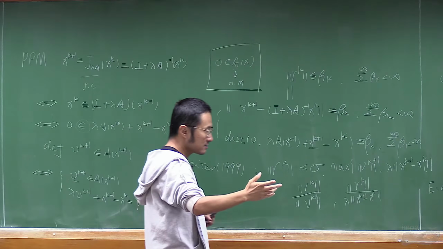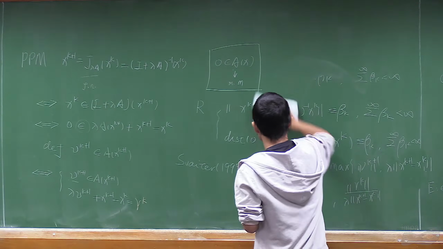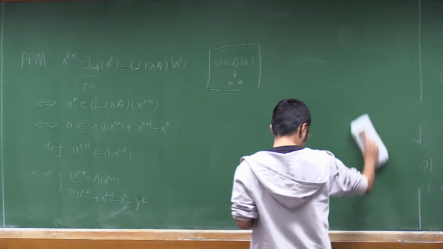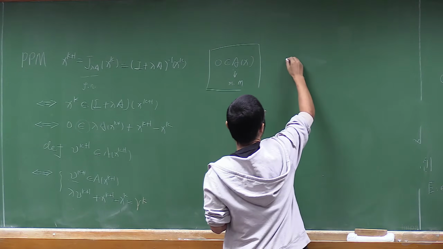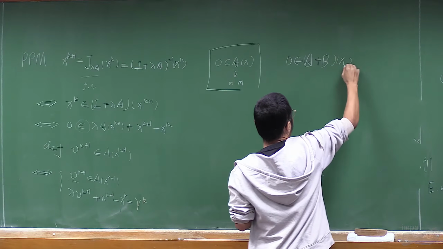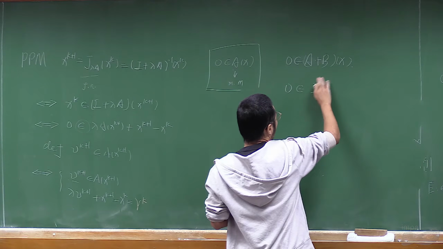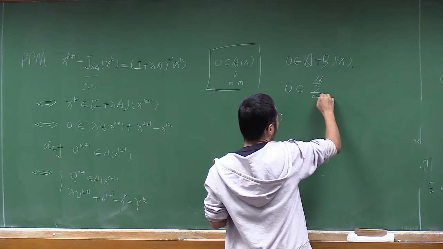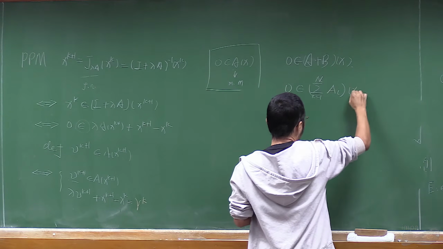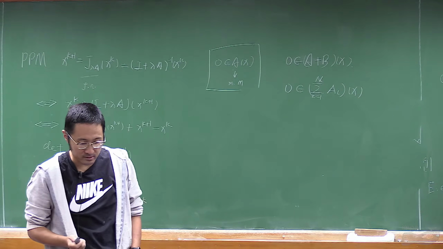In this slide, we will concentrate on inclusion problems related to maximal monotone operators, but of the form 0 belongs to A plus B of x, or even 0 belongs to the sum over k equals 1 to n of A_i of x. It's an inclusion problem with many operators.